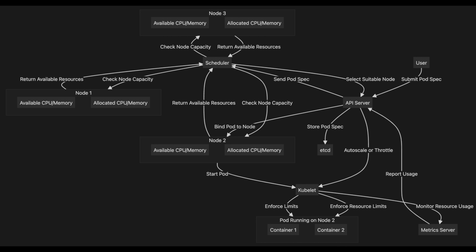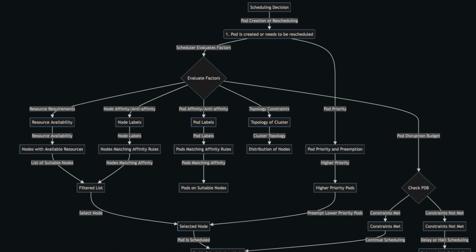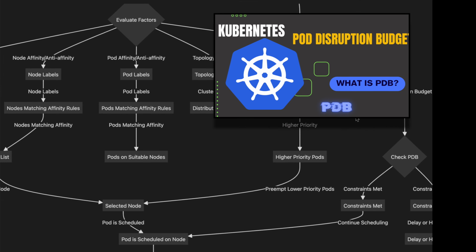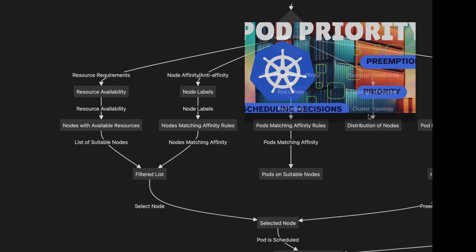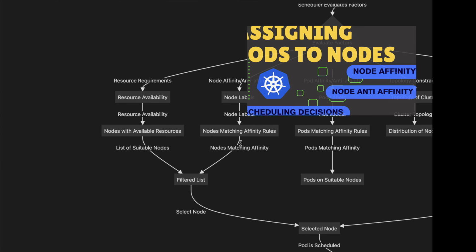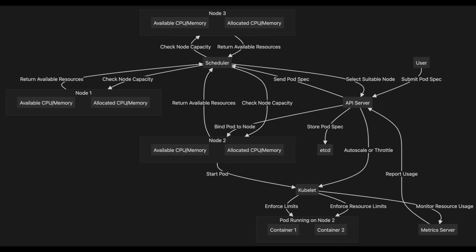In previous videos we have covered pod disruption budget, pod priorities, node affinity, and anti-affinity, and today it is resource requirements. So without further ado, let's look into resource requests and limits.